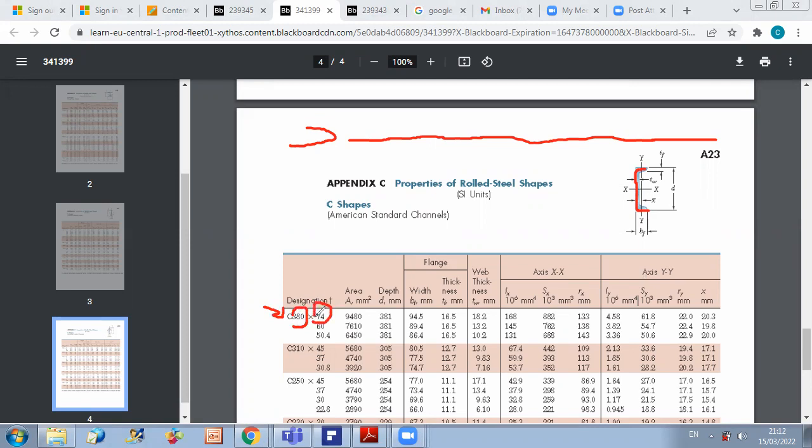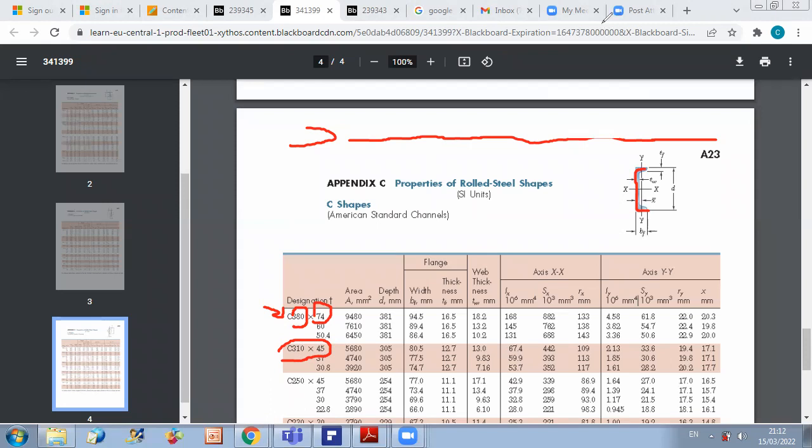So the designation is similar in all cases. Whenever I give you this name, you can find all properties. You can find the geometrical properties, and you can find the inertia about the different axes of interest.